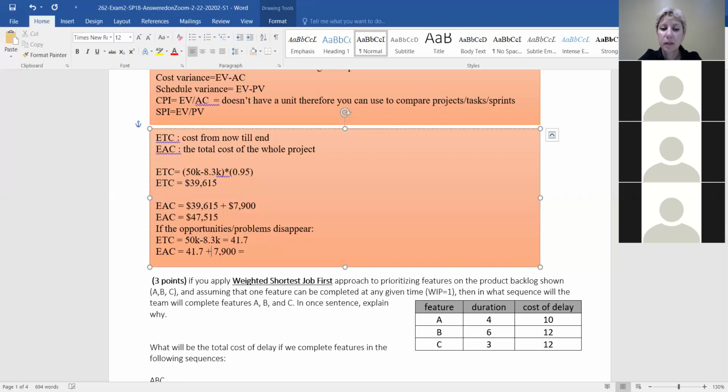That becomes 49.6. So this project, thank you, Ryan, ends up being less expensive anyways, because you are saving a lot of money during the first month. So it's still less than 50K.